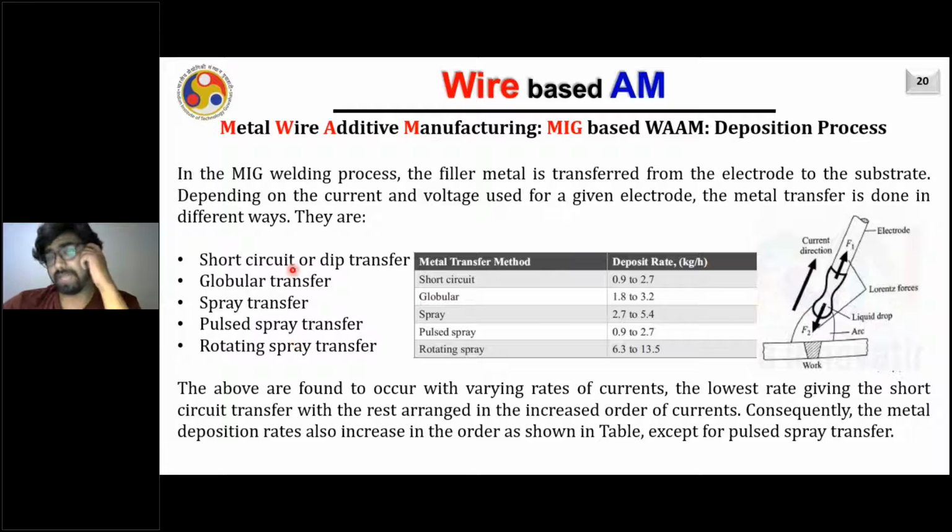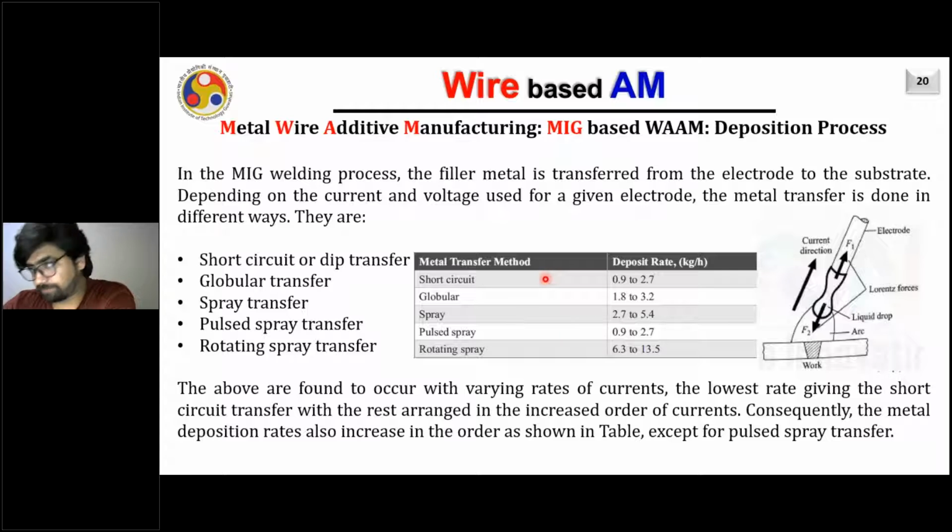You know that these types of transfer are governed by two forces, as you are seeing here. These forces correspond to the Lorentz force, related to the direction of the current flow, and of course the gravitational force, which acts in the downward direction. The range of current is typically low for short circuit transfer, while it is typically high for spray transfer.